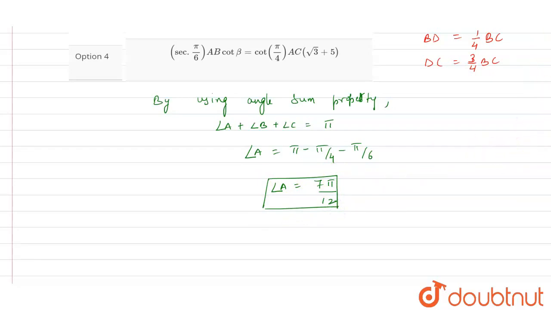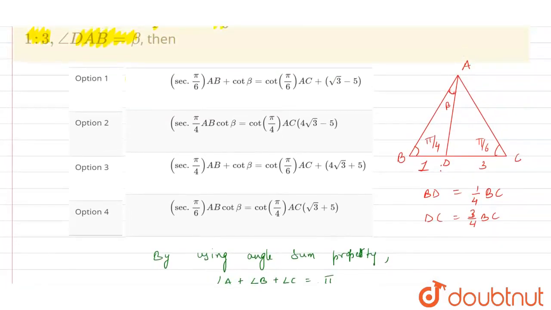So now first of all, let's see the triangle again. This angle is 7 pi by 12.